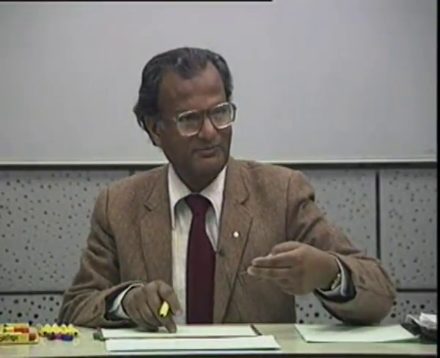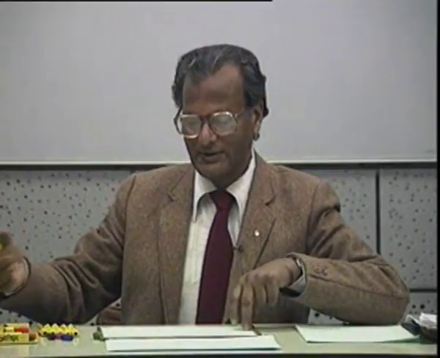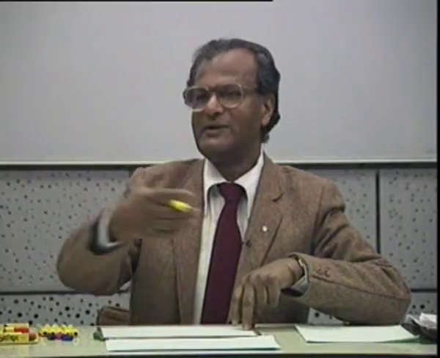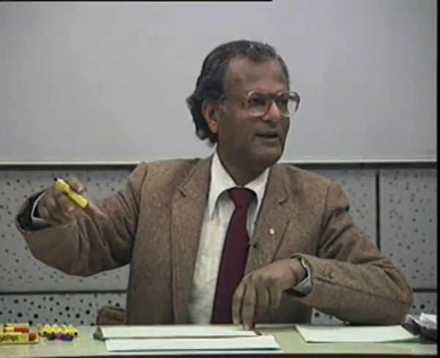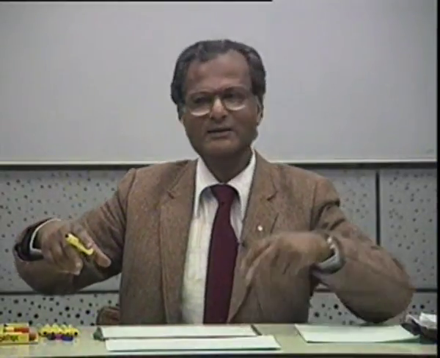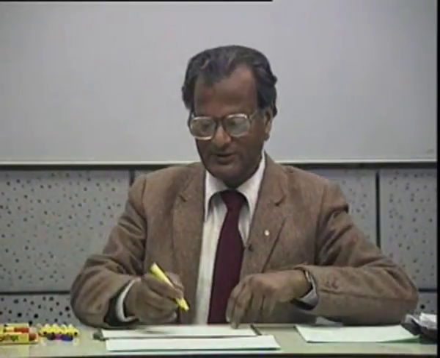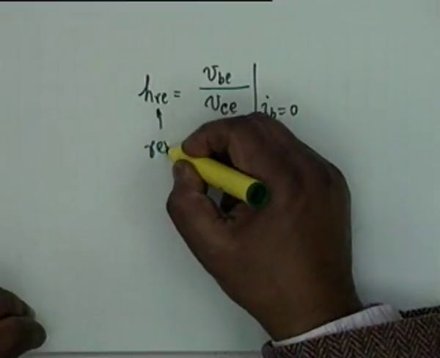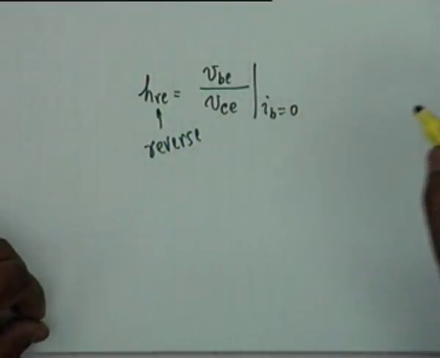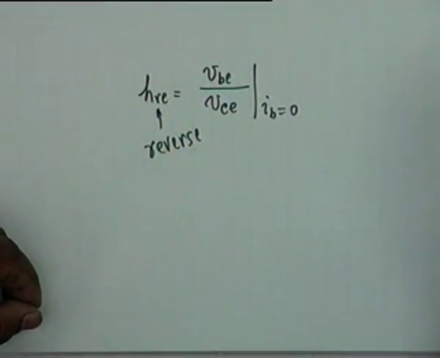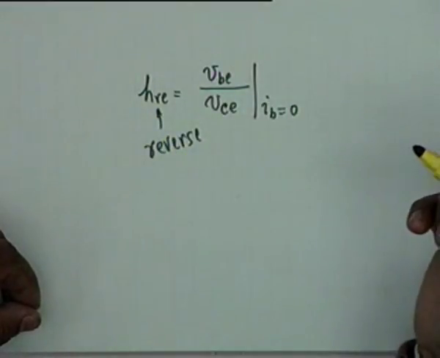Base is the signal input and collector is the signal output. Now here you are working in the reverse direction, that is, apply a signal at the collector emitter and take the signal out at the base emitter. So this R stands for reverse voltage ratio. The R stands for reverse.